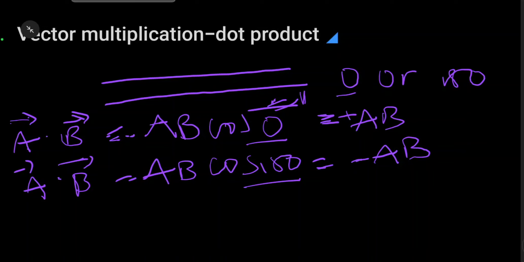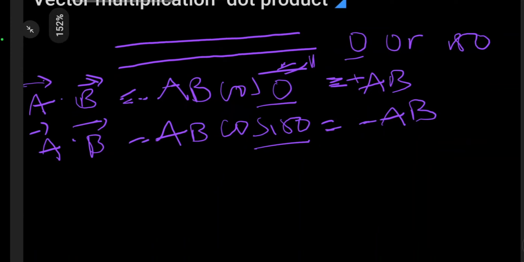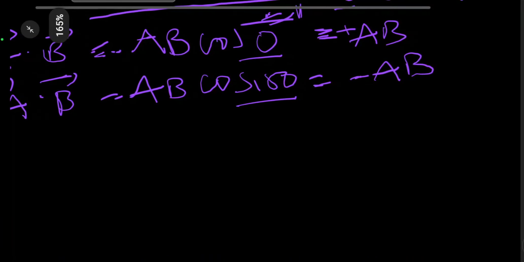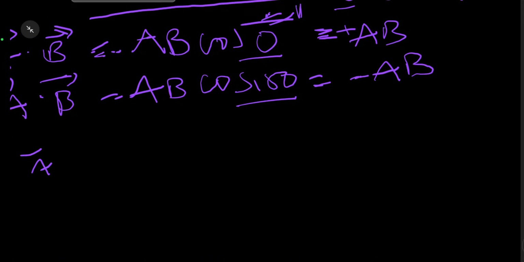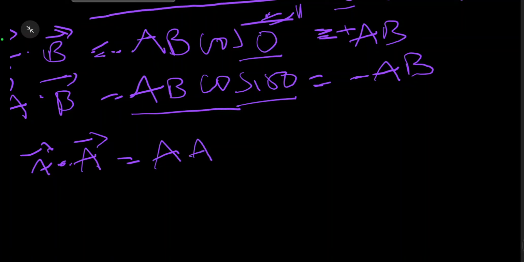The point I would like to make here is that the square of a vector is the square of its magnitude. So let's say we have two similar vectors, A, and one same vector A again. If we were to multiply these two vectors, from what we did here, we should have A A cos 0.